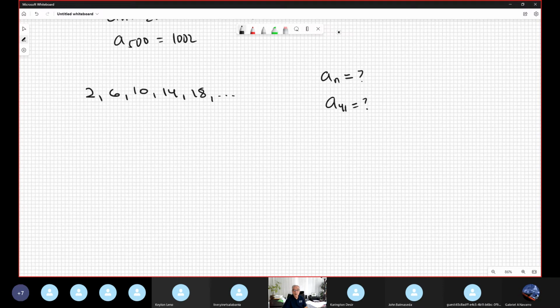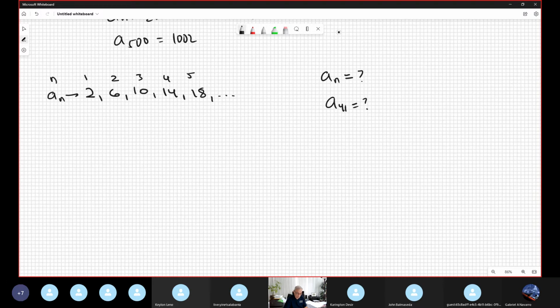That's easy because if you have the general formula, you select the position you want. This is A sub n, and this is n: 1, 2, 3, 4, 5. So I need to discover the formula.